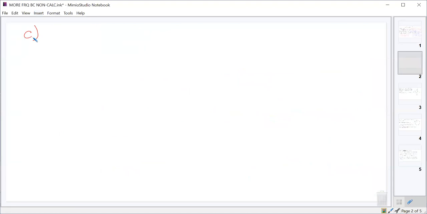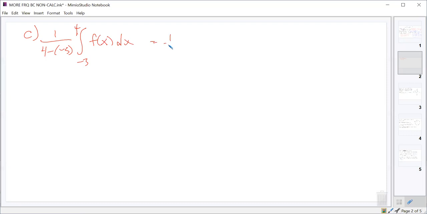All right, part C asks us to find the average value from -3 to 4. So that's 1 over 4 minus -3 times the integral from -3 to 4 of f of x. Now the issue with that is that f of x is a piecewise defined function.